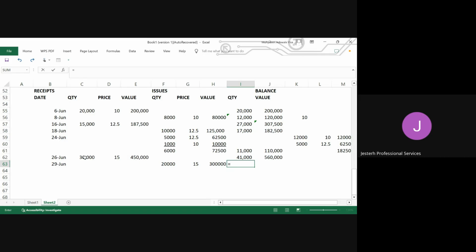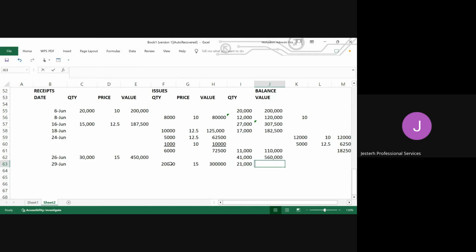Remember, after we purchased 30,000, we added to 11,000, which gave us the 41,000 units that we have in the store as at the close of 26 June. Now on the 29th that we issue out 20,000, we are left with 21,000.